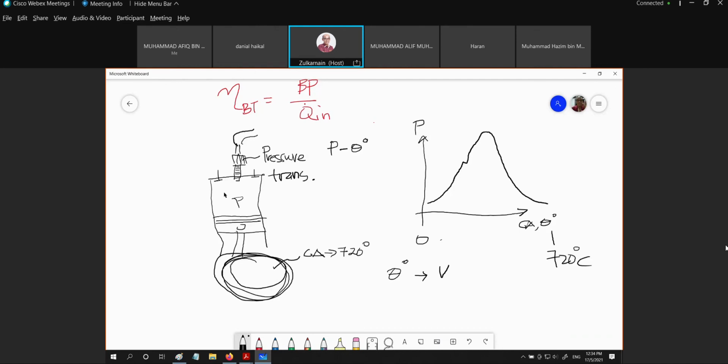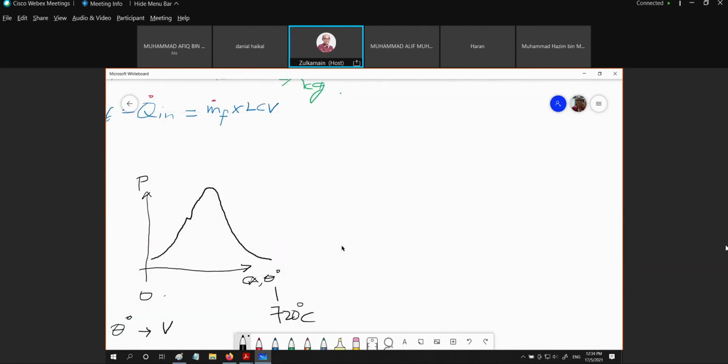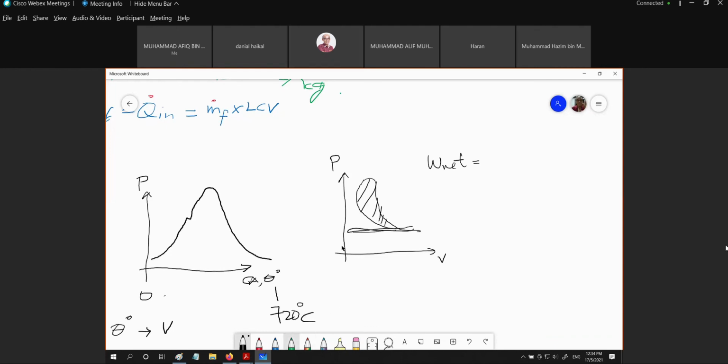So if we convert the theta, the angle, to volume, what we get right here is the PV diagram in this shape. This is our PV diagram for the actual engine. So what we want to get is basically the W net. What is the W net? This area minus this area.